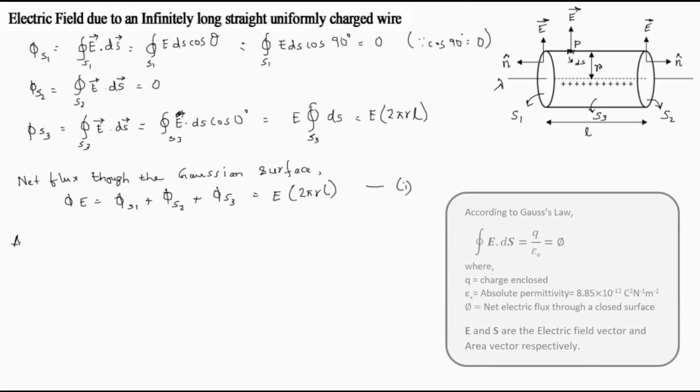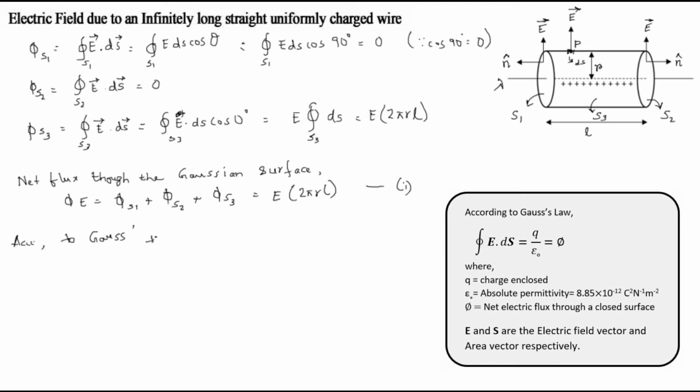Now according to Gauss's theorem, we know that the flux through any surface is phi equal to q by epsilon naught, where q is the charge enclosed and epsilon naught is the permittivity.